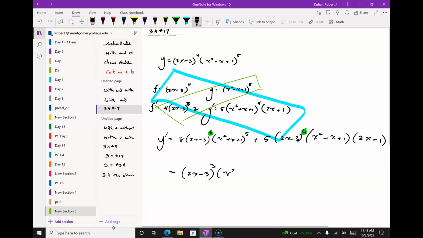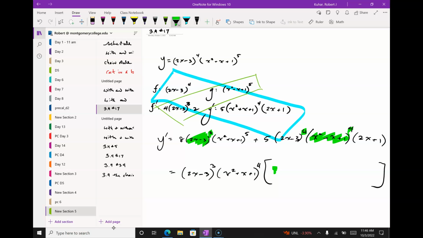And an (x squared plus x plus 1) to the fourth power. Oh, sorry. Yeah, this is to the... I lost my fourth power here, sorry. Right? So this is factored out already. This is factored out already. What else do I have left?